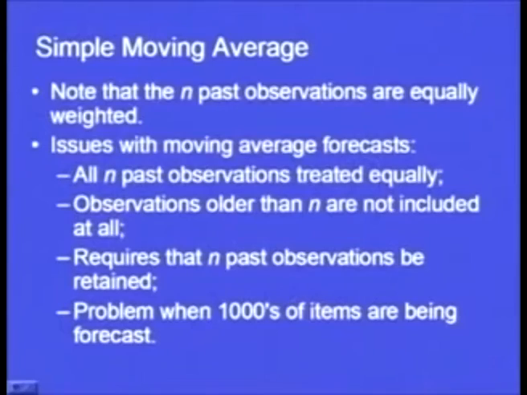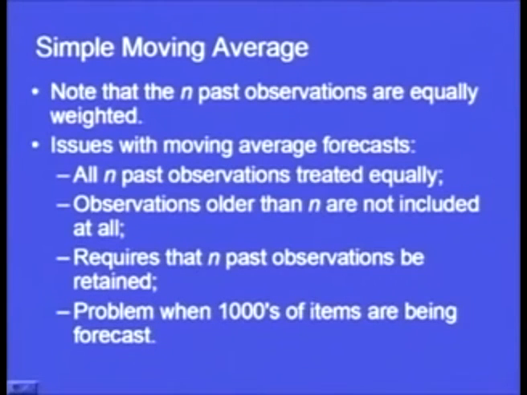So the older observations, meaning observations for year number 1, 2 going on till 7, are excluded in simple moving average. It requires that n past observations be retained. So n past observations have to be retained, so that those will be used for generating the forecast.